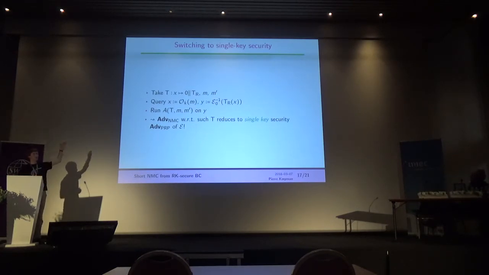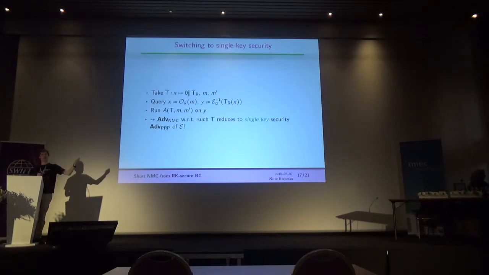So if we assume that now we have this nasty tempering function that just maps the key or the randomness to a constant 0, then there is no related key security, but you can attack: if you want to attack the cipher in a regular PRP setting, so single key, you can again use the non-malleable code adversary as a subroutine by creating all of the inputs you need using just one oracle query.